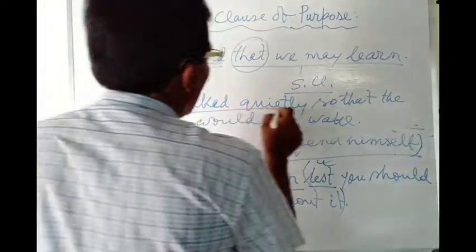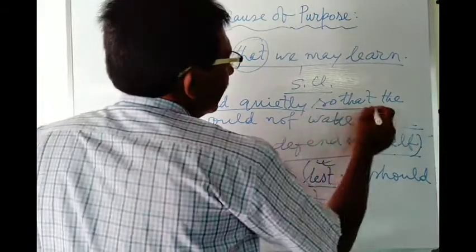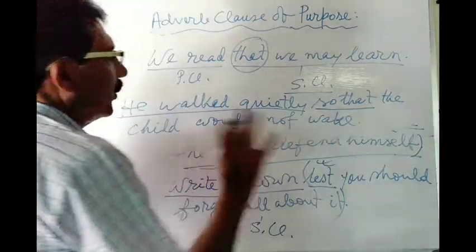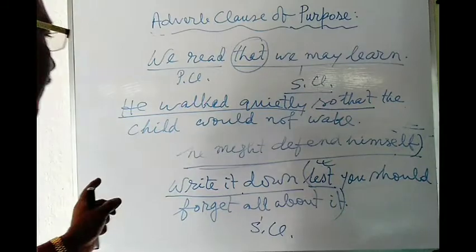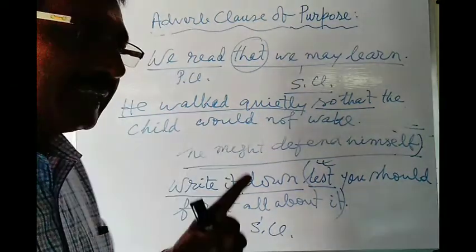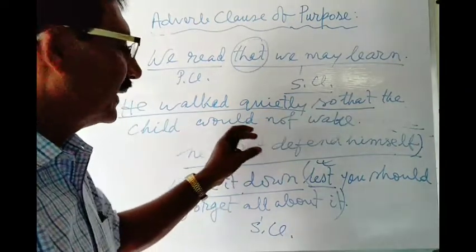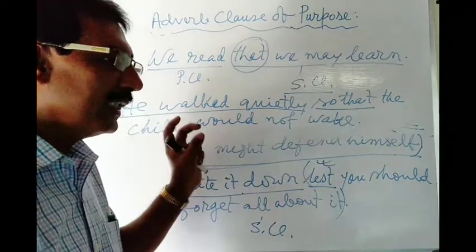He walked quietly. What is the purpose? So that the child would not wake. This is the purpose: not to wake the child. He walked quietly, not to wake the child, that is, so that the child would not wake. This is the purpose of his walking quietly.